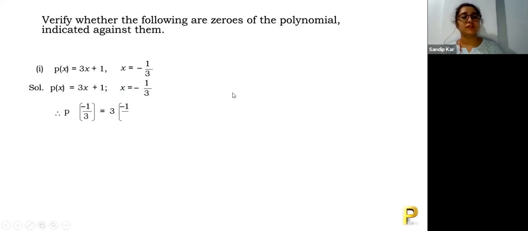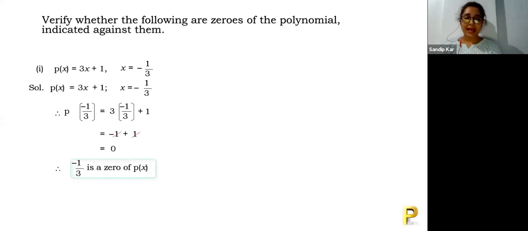So in place of x, what will we put? We'll put minus 1 by 3. Then 3 into minus 1 by 3, because in place of x we have put minus 1 by 3, plus 1 will be as it is. So you can see that in the first term, the 3 in the numerator and the denominator will get cancelled. So it will be minus 1 plus 1, that will be 0.